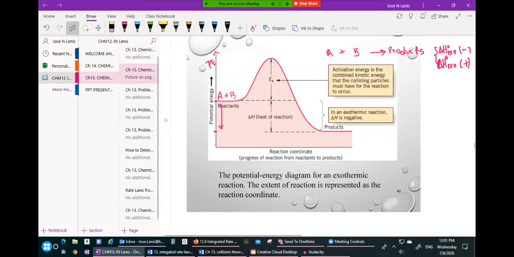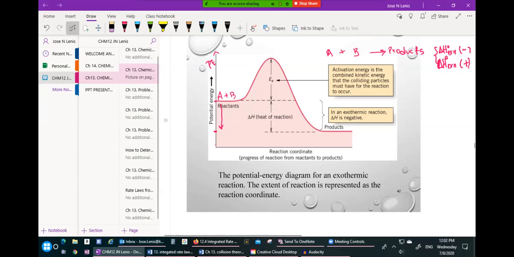Let's analyze what happened, or what needs to happen to go from reactives to products, A and B, during that process. As you can see, this potential energy diagram is showing a hill to go from this state to this state.